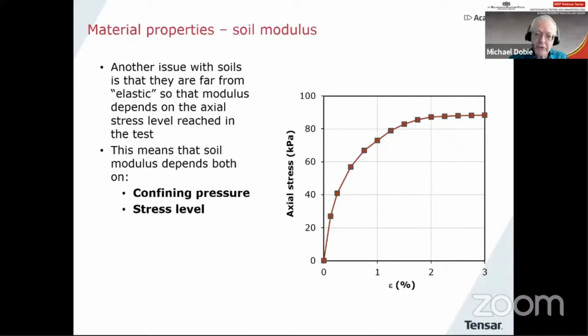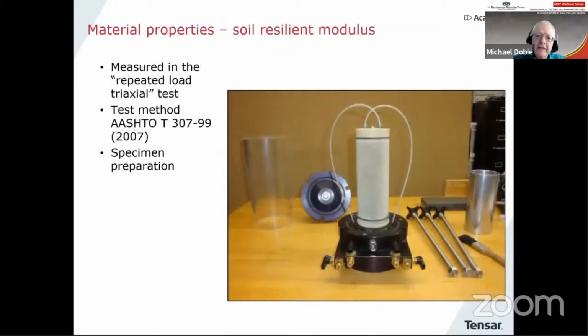So we have two complications, that when we measure modulus, particularly of granular materials, it's going to be very much influenced by both the confining pressure and the stress level. So this is something we want to look at. And we're going to do that by looking at a test method called a repeated load triaxial test.